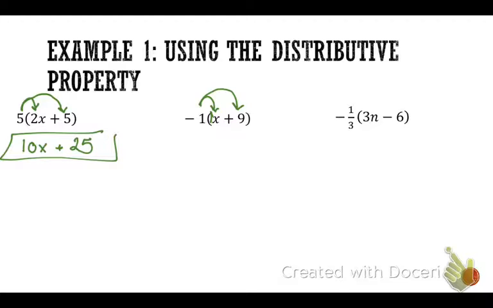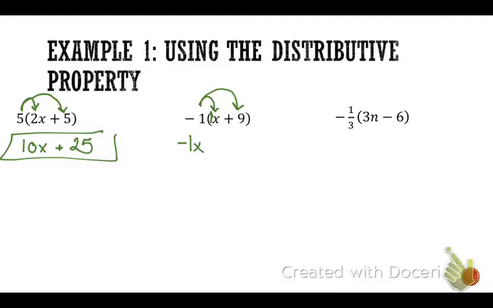How many negatives are there? -1 times 1x. You should be holding up 1. There is one negative. Is 1 even or odd? It's odd, so that's why it's going to be -1x. Does everybody understand why that's negative?